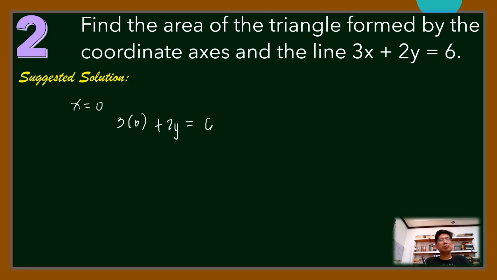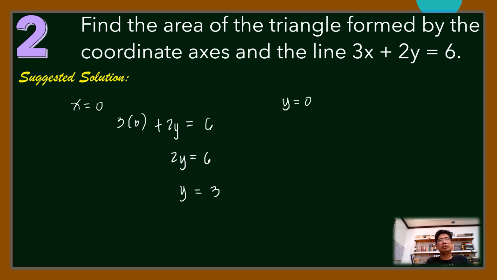Then we have 2y is equal to 6. Dividing both sides by 2, we get the y-intercept as (0, 3). Then the height of the triangle formed will be 3 units.